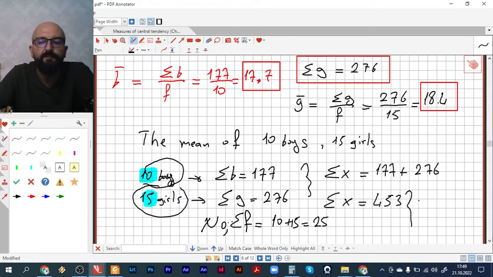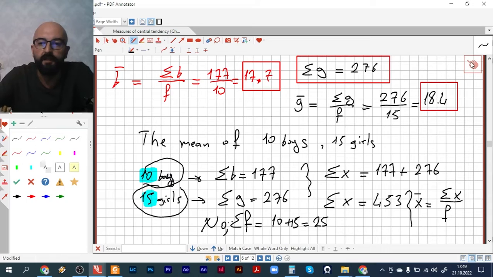And if we want to find mean, we should use this formula, the sum of age for all students over frequency.